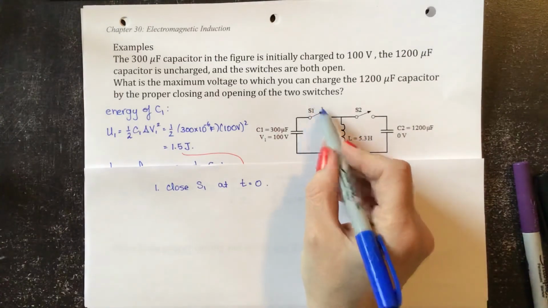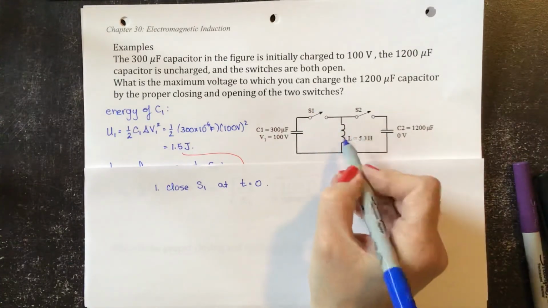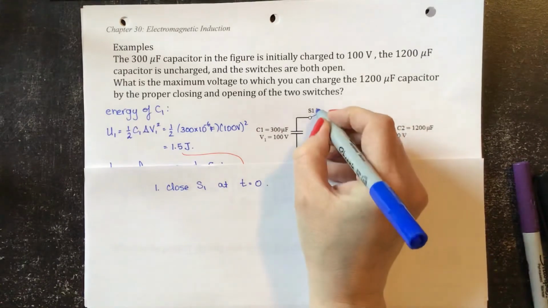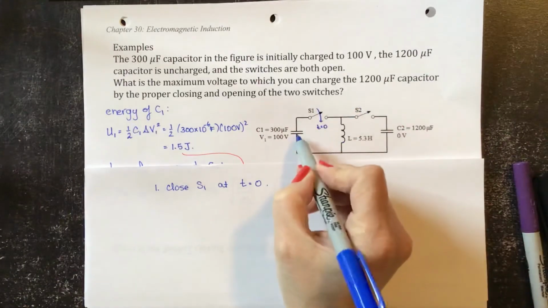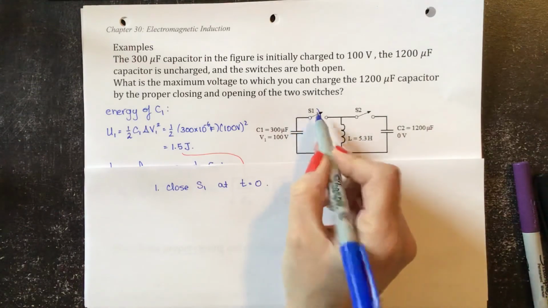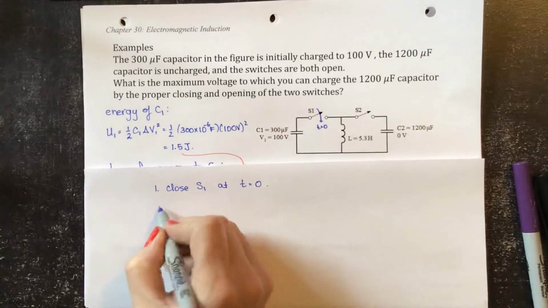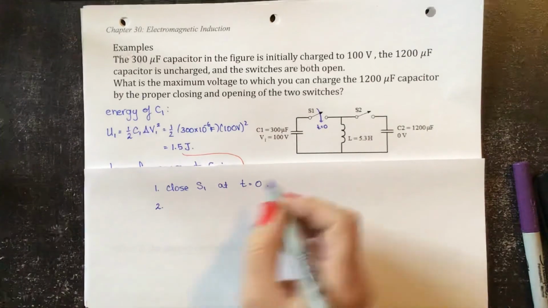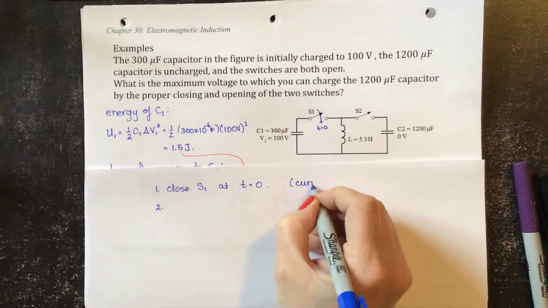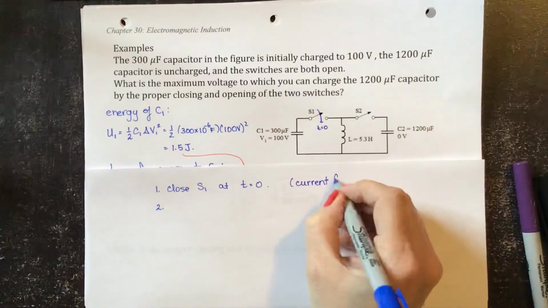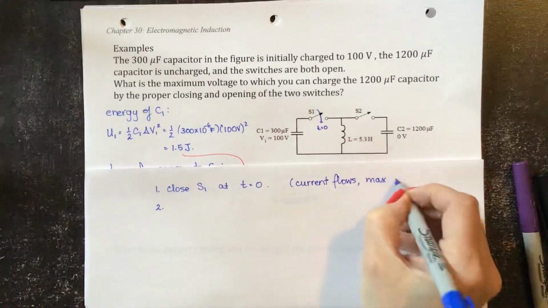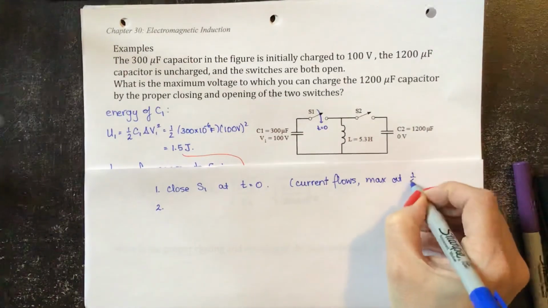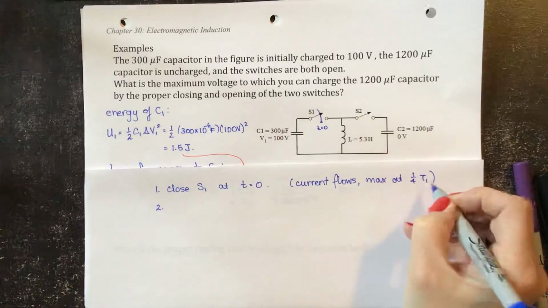Okay, so we close switch S1 at time t equals 0. So we close this at t equals 0. Then that lets this start to discharge and current flows. It's a maximum at 1/4 T1.